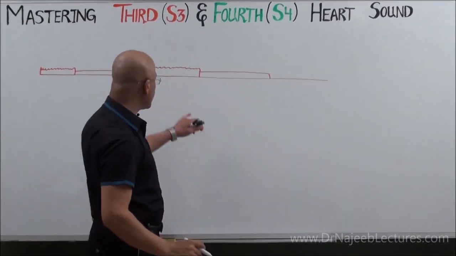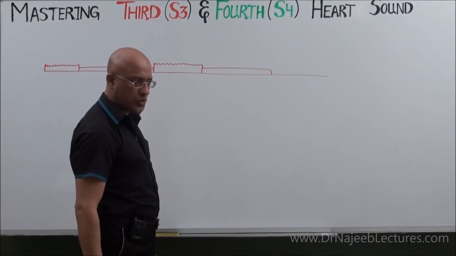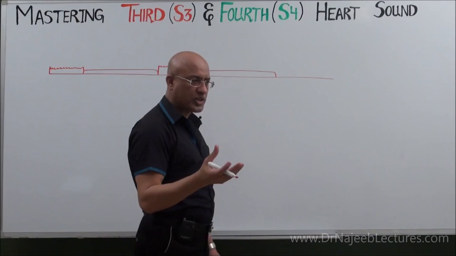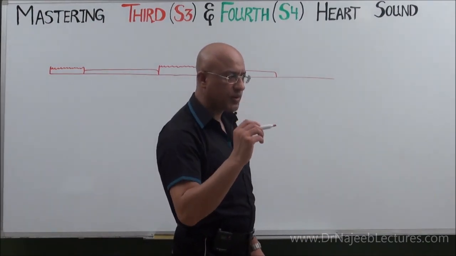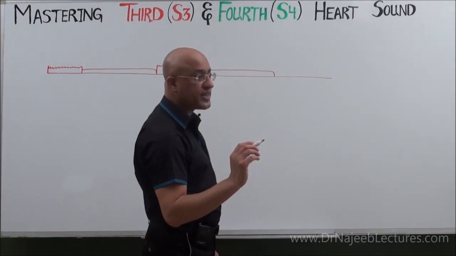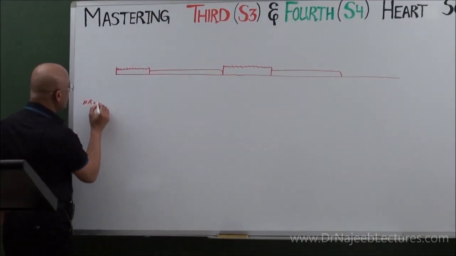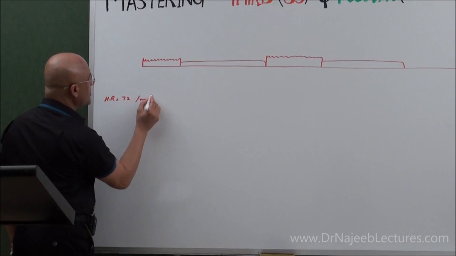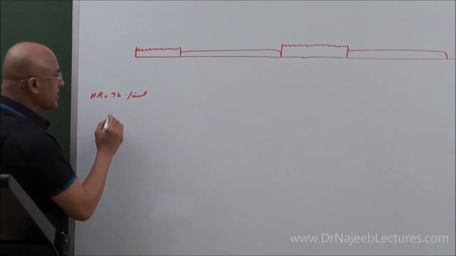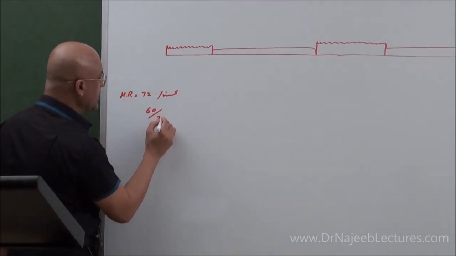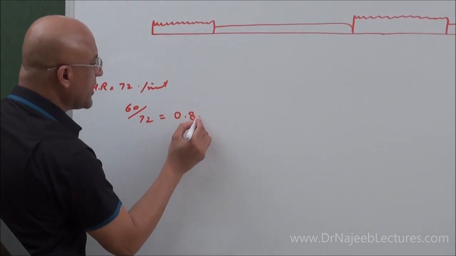Let's suppose this patient has a heart rate of 72. Then its cardiac cycle duration will be 60 divided by 72, that is about 0.8 second.